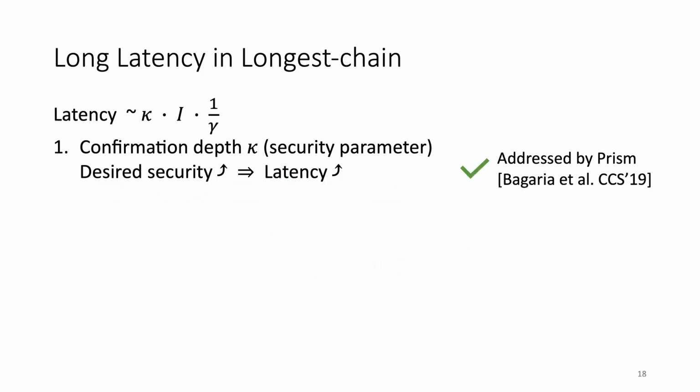This one is actually addressed somewhat by Prism, that David is a co-author on, by having parallel chains. So the latency of Prism no longer depends on that confirmation depth security parameter. But there are other things in the latency formula.